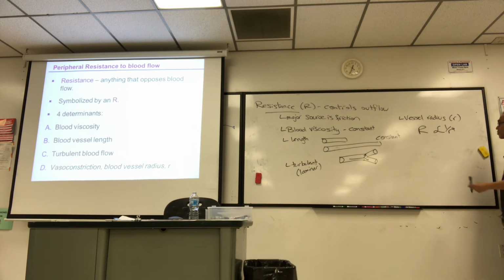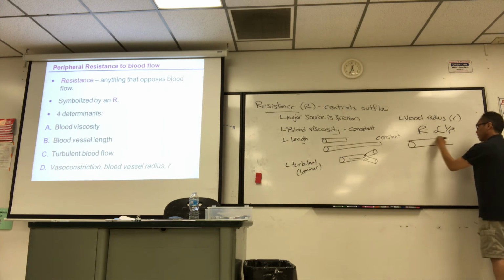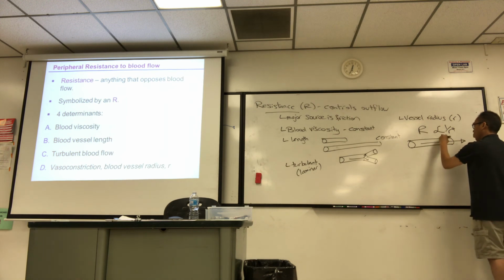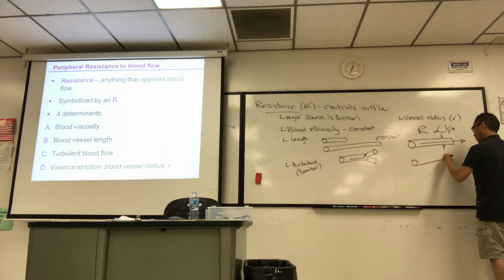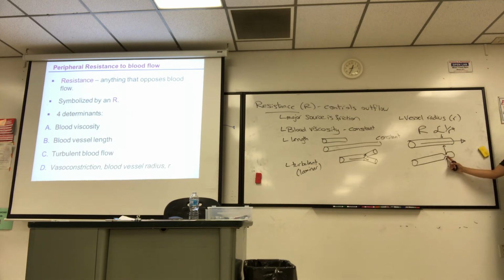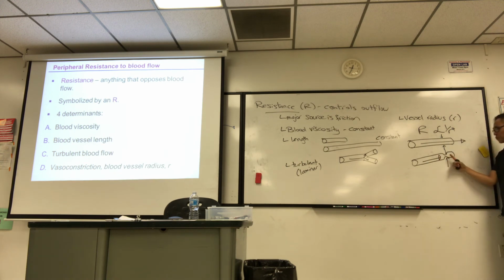So, for example, if this is your blood vessel, you have blood flowing nicely, but you squeeze in one location. Right there where you're squeezing, that's vasoconstriction. You would have a remarkable increase in resistance to blood flow.